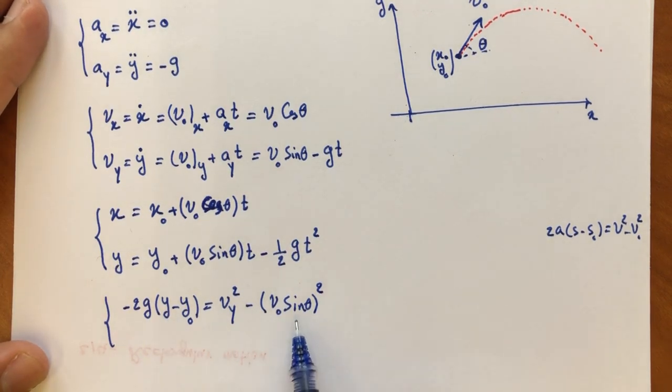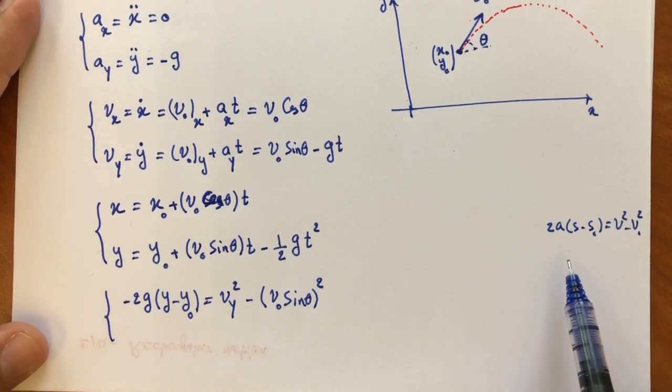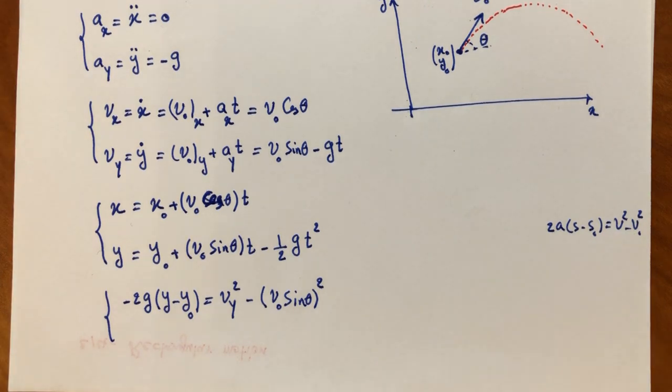That is the time-independent equation in the y direction. The time-independent equation in the x direction, as I showed you, is not going to give you anything new. It's just going to show velocity in the x direction is not going to change. Okay.